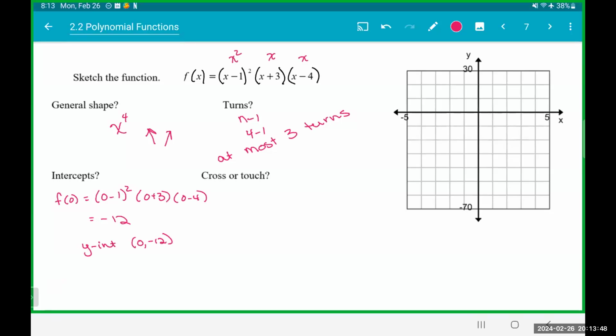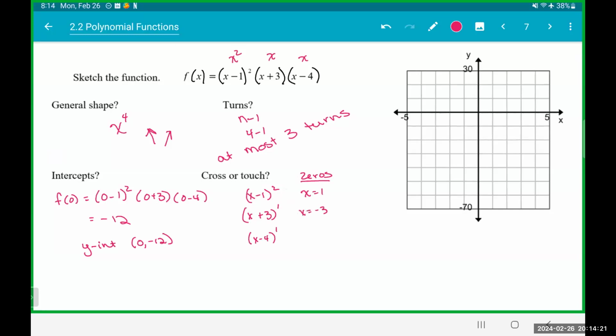When we look at the touches, we have the x minus 1 squared, x plus 3 to the 1st power, and x minus 4 to the 1st power, right? So this tells me that my zeros: x equal to 1 is going to make that 0.